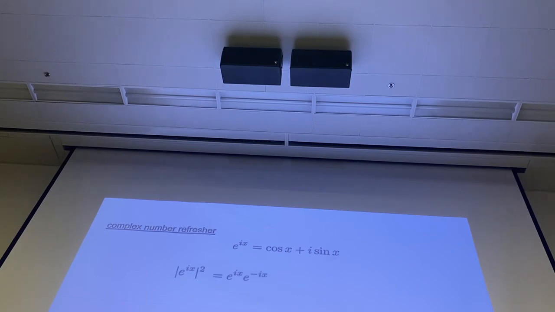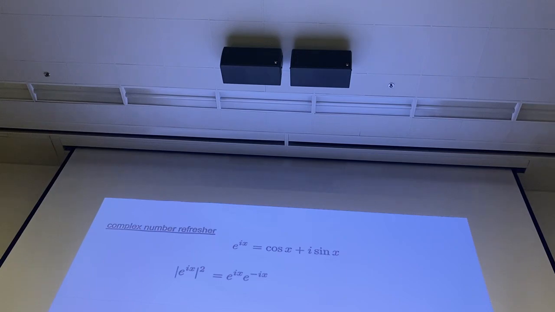Because I can write this expression in the following way. If I have a modulus squared, what I have to do with the thing in between is multiply it by itself, but first I take the function and then multiply it by its complex conjugate. So that's what I'm doing. The function itself times the complex conjugate of that function. The complex conjugate is nothing but the function, and then everywhere an i appears, a negative sign is added.